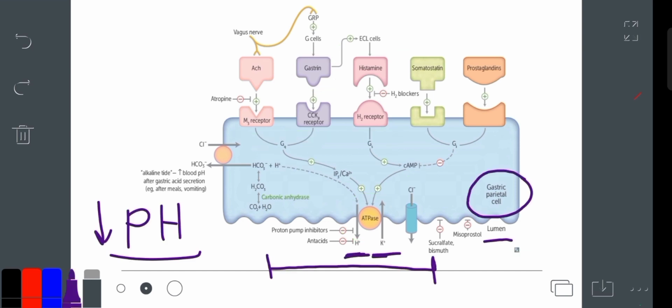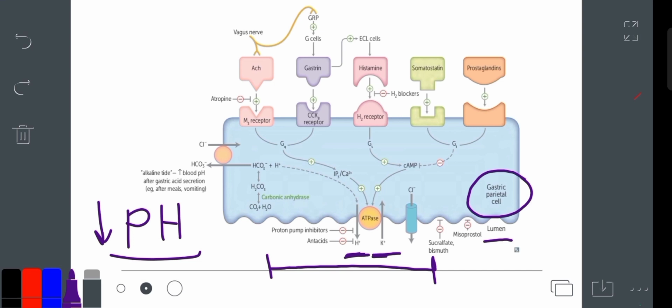Proton pump inhibitors such as omeprazole, esomeprazole, lansoprazole, dexlansoprazole, and rabeprazole irreversibly bind with the proton pump, form a covalent bond with it, and inhibit its normal action.